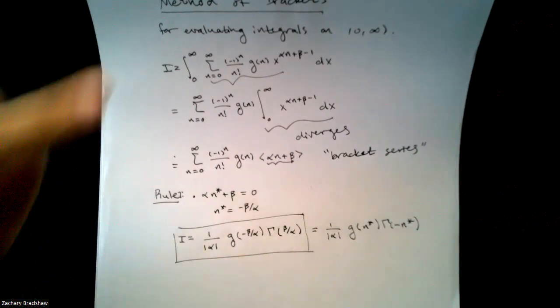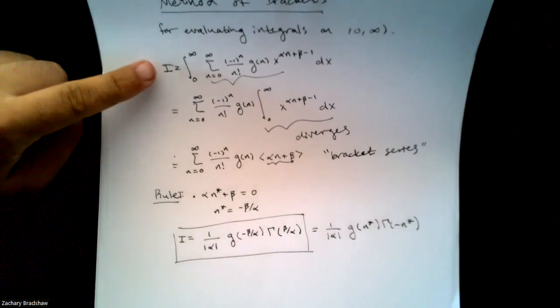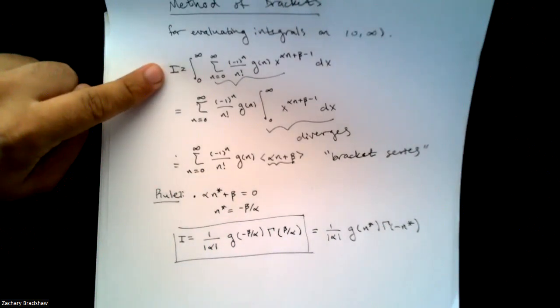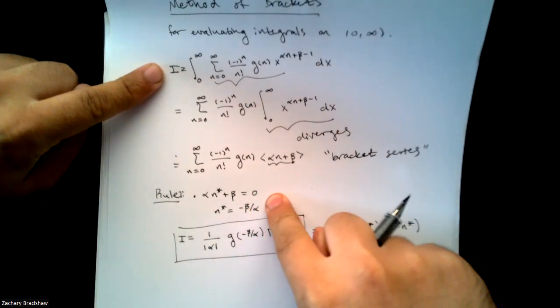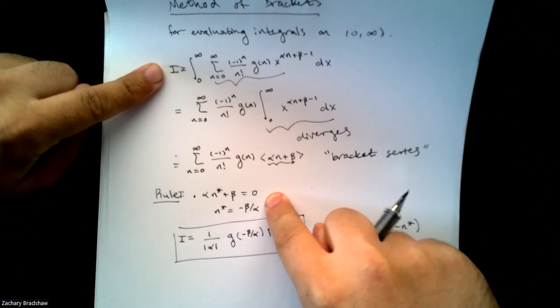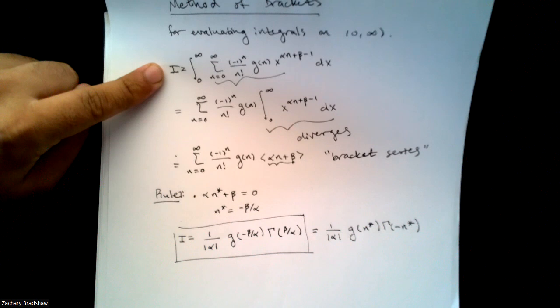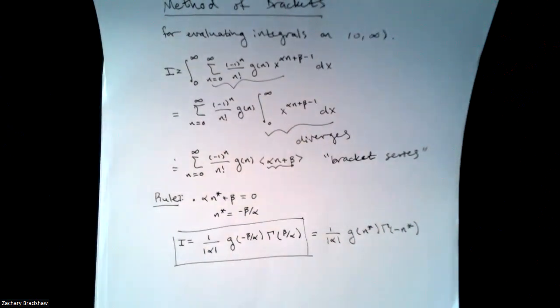Okay, so the claim is that any integral of this form can be evaluated like this. We solve a linear system, which is just one equation, the simplest linear system there is, and we plug into this formula, and that is the result of the integral.